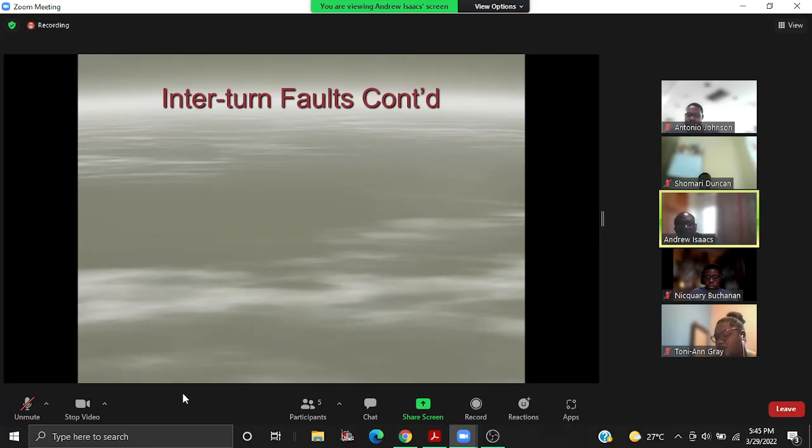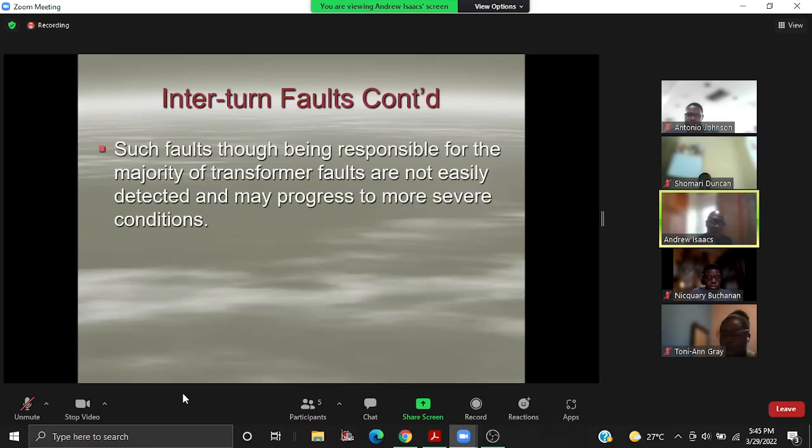All right? And I mentioned hotspot because here and now is the danger with these interturn faults. Right? It may continue and just get more severe.